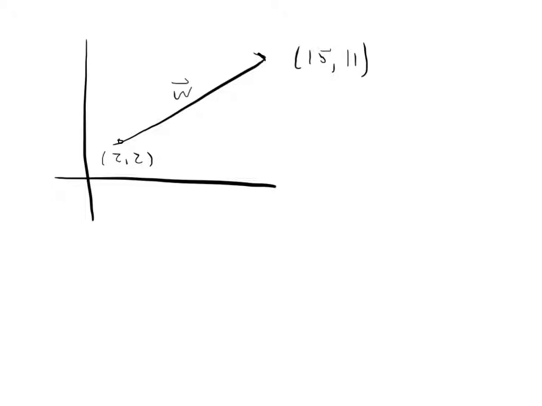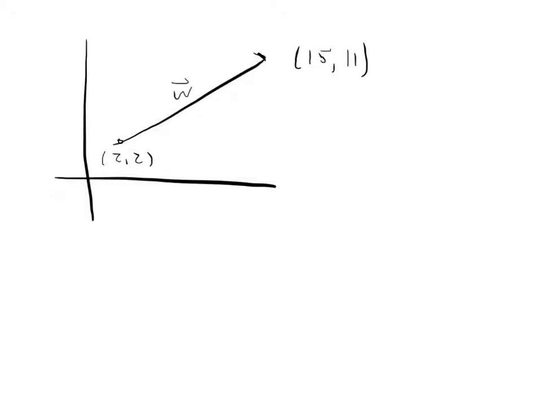How else could I call that vector? I can look at calling it by its horizontal and vertical components. Here's my horizontal component. Here's my vertical component. How do I get this horizontal component? Well, it simply is going to be the difference between the two x coordinates.